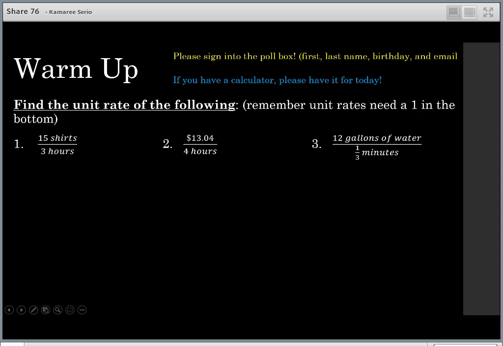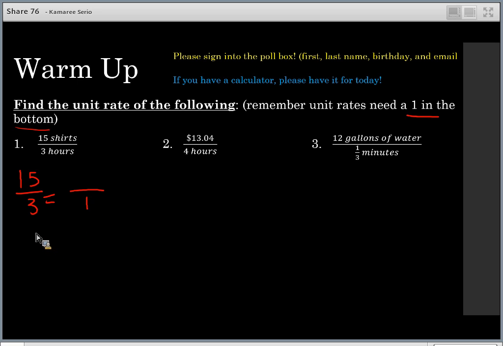Okay, so I want to go over these warm-up questions just so you can see what's happening with these. So we're asked to find the unit rate. Remember, a unit rate always needs a 1 in the bottom, or a 1 in the denominator. So when you're given a ratio like this, your goal is to have another equivalent ratio where 1 is in the denominator.